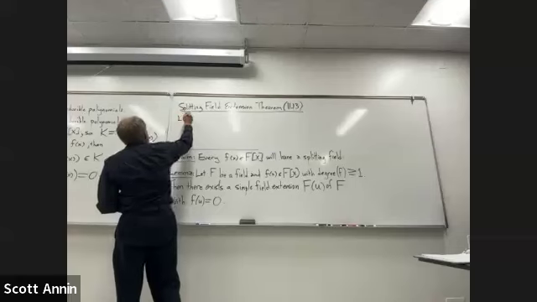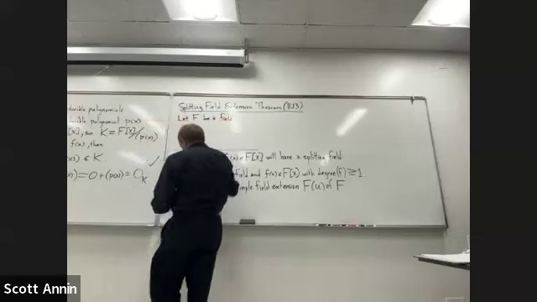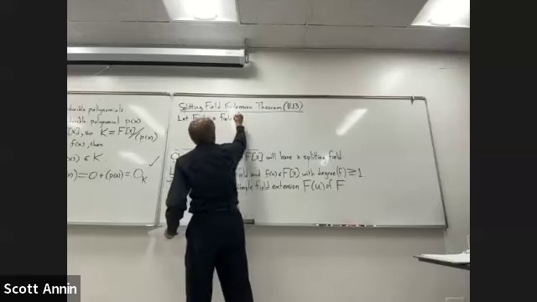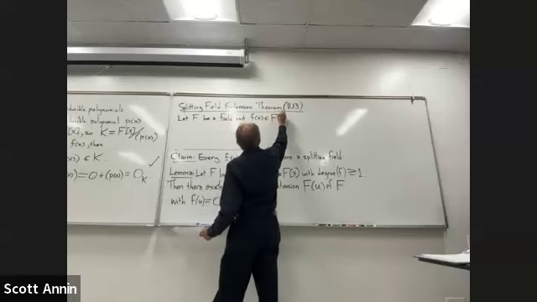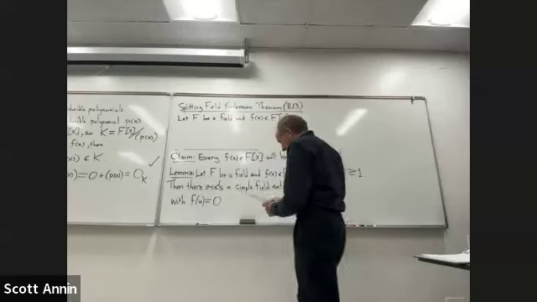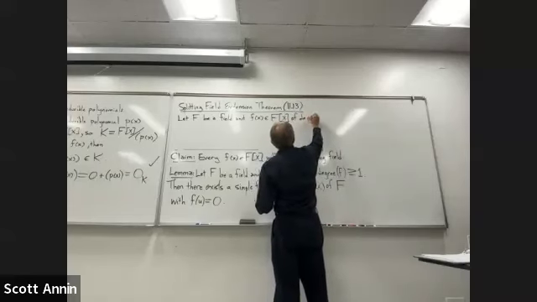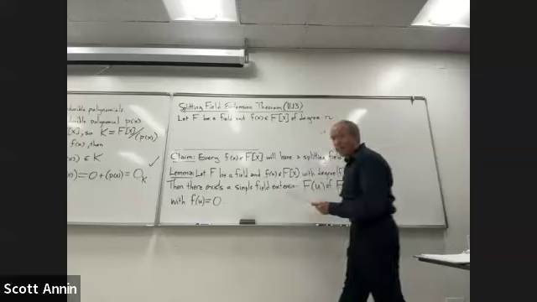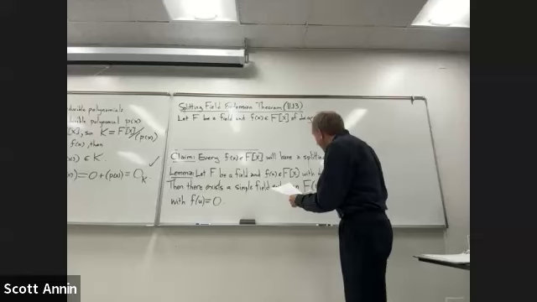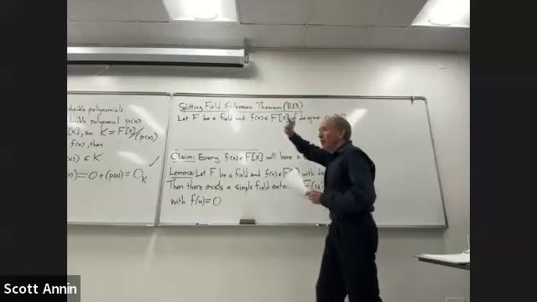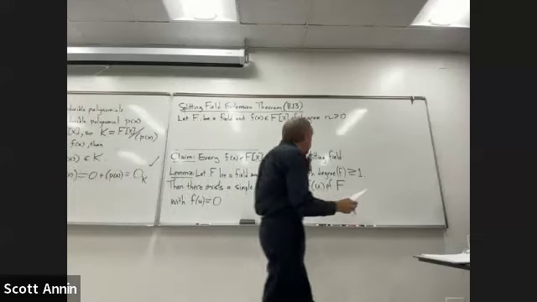So here we go. Let F be a field, and suppose that little f of x is an element of capital F of x of degree n. So let's get really specific that we have a polynomial of degree n in our hands, and n is going to be greater than 0 again, so constant polynomials are not under consideration right now.